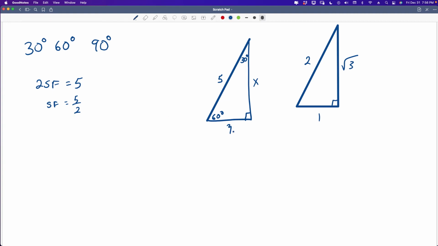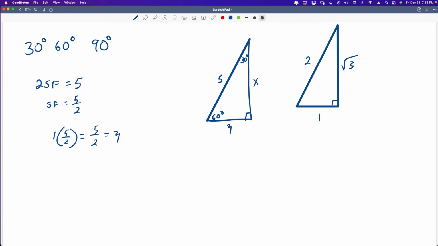So now we can find y, and we can say 1 times our scale factor. Remember, we said 2 times our scale factor gave us 5. So 1 times our scale factor is going to give us y. So 1 times our scale factor of 5 over 2 is going to give us 5 over 2. So that is going to equal y. Okay? Now we can do the same thing for x, right?